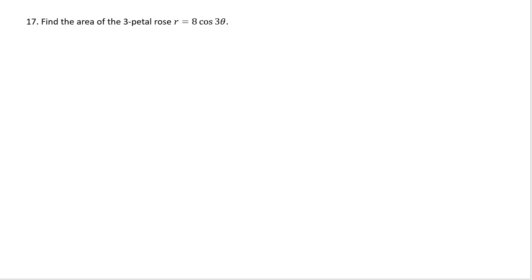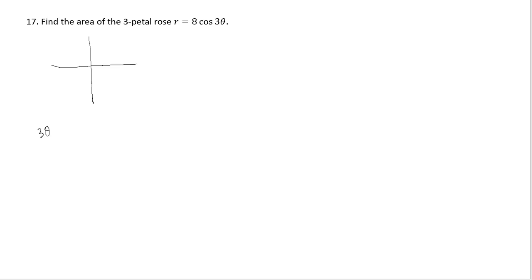Okay, find the area of the 3-petal rose r equals 8 times cosine 3 theta. Let's see. This here, cosine 3 theta, is a 3-petal rose because, think about the following.